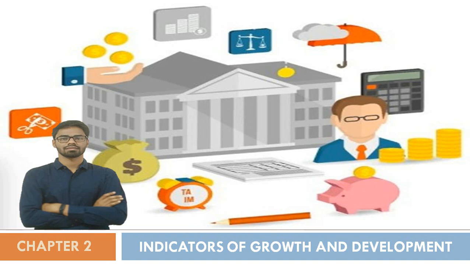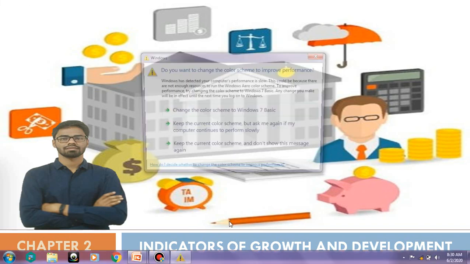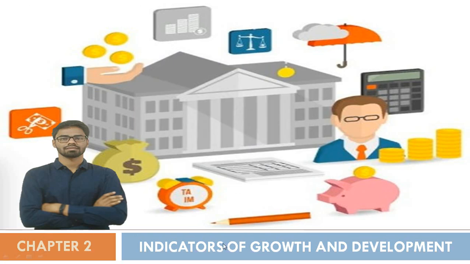Now, as you can see, the name of the chapter is Indicators of Growth and Development. In this particular chapter, we are using different kinds of indicators to find out the actual relation between growth and development.